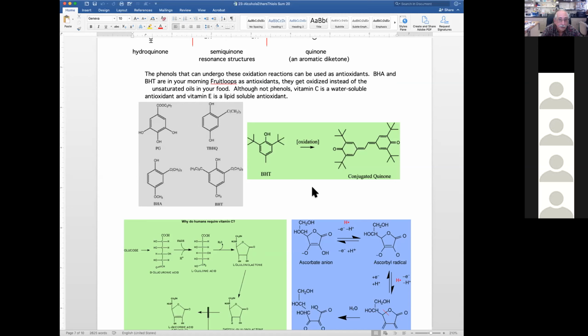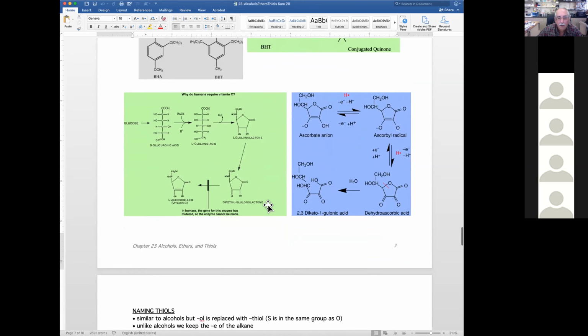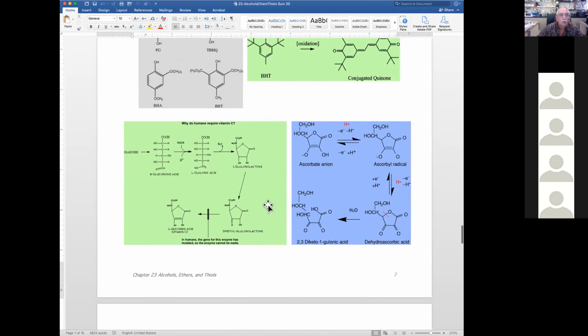So vitamin C is a natural water-soluble antioxidant, and vitamin E is a lipid-soluble antioxidant. So why do humans require vitamin C? Okay, well, here's how you synthesize vitamin C. You synthesize it from glucose.